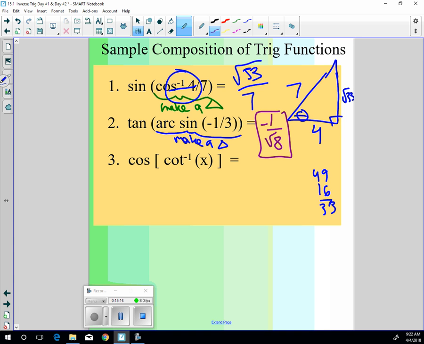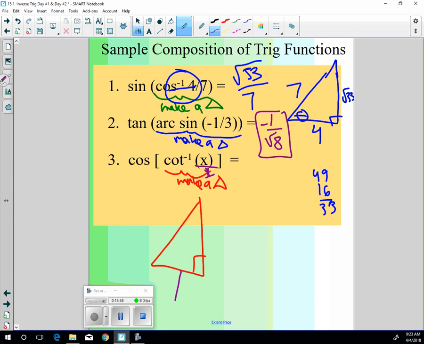And then this last one, this is the one that's a little tricky. We're still going to inverse inside parentheses. We're going to make a triangle. But wait a minute. Cotangent. What was tangent again? Opposite over adjacent, right? So what would cotangent be? Adjacent over opposite. Now you maybe don't notice it, but this is a ratio already. It's x over 1.